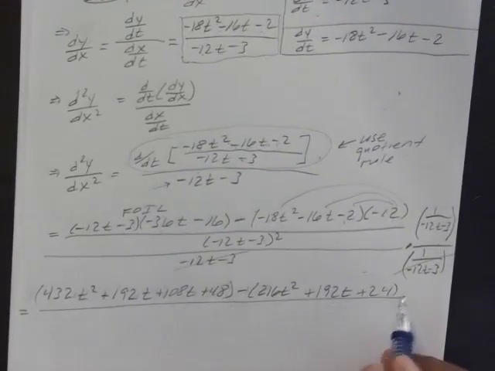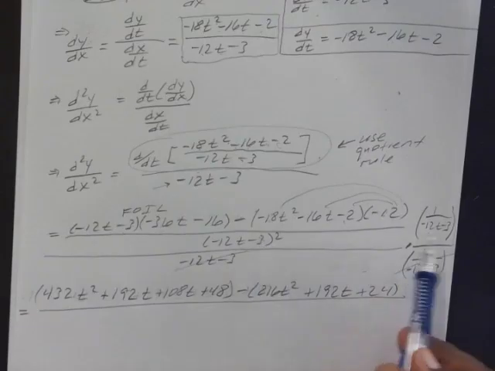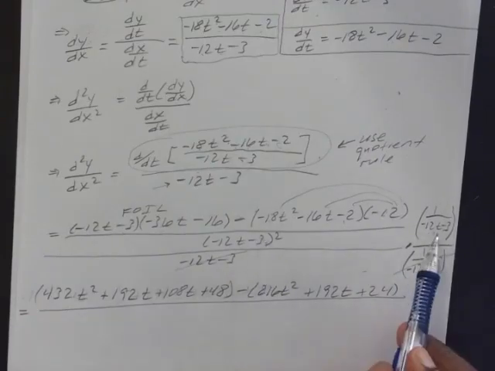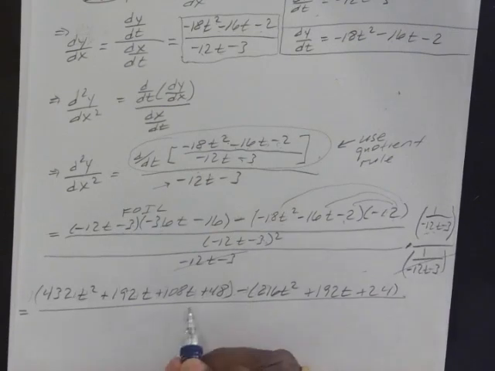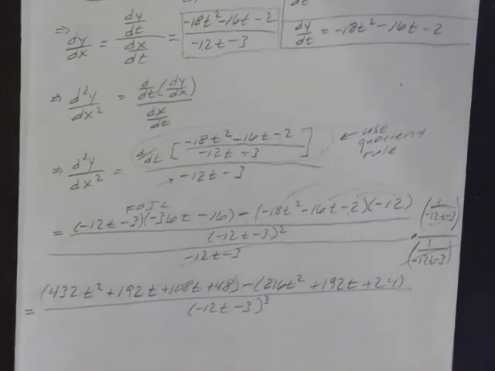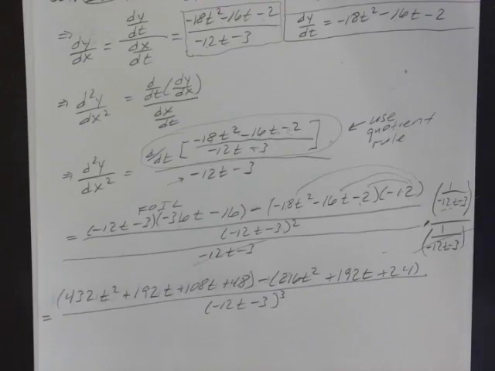And all of that divided by, and if we combine these two, negative 12t minus 3 squared times negative 12t minus 3, that's just negative 12t minus 3 to the third power.